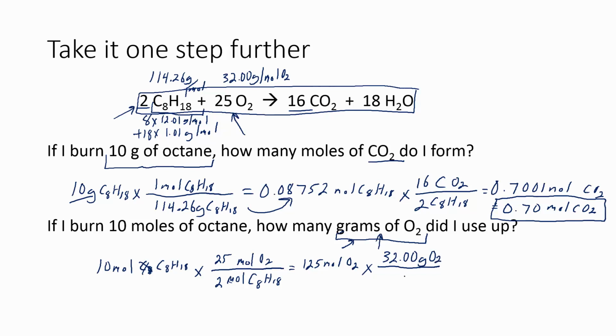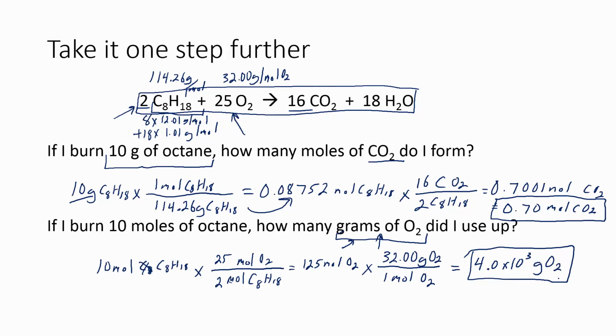That's my answer I'm going for. And I want to cancel out moles of O2, so that goes on the bottom. Multiply this out, and I get about 4,000. So with 2 sig figs, you get about 4 kilograms, or 4.0 times 10 to the 3rd grams of oxygen.